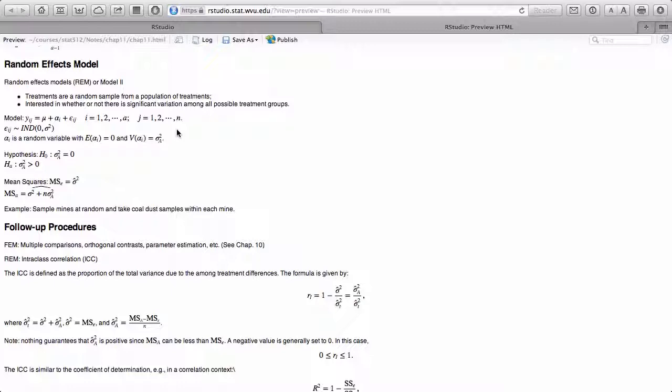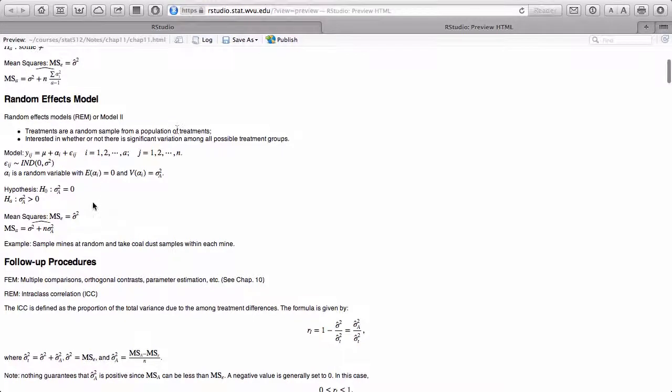If you take the expected value of that, it's no longer just n. In a fixed effects model, the n factors out because they're all equal, but what it really is is the sum of the n sub i alpha sub i squared. But if the n sub i's are all equal, the n factors out.